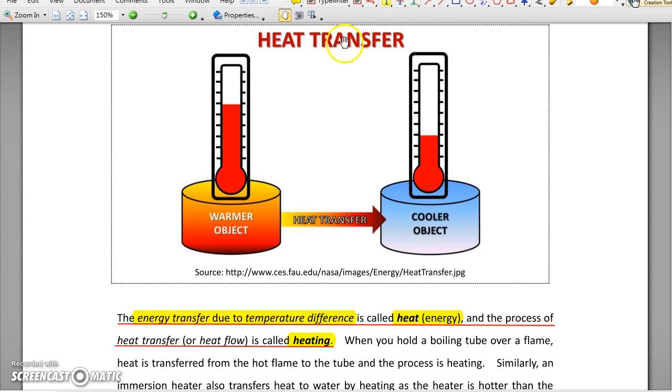So you see that heat transfer is due to temperature difference, and the energy that transfers from the hot object to the cold object is called heat energy, and the process heating.